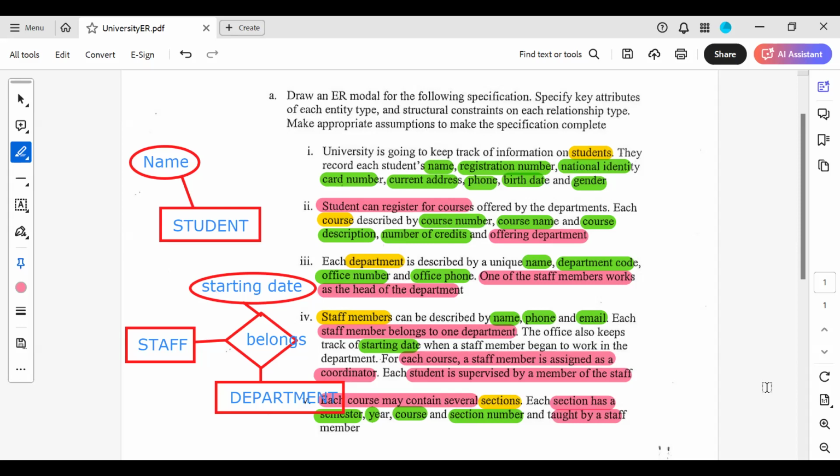Okay, take the staff member. How many departments does he usually belong to? Is it one or more? Usually one, right? Then take a department. How many staff members can you have? Many, right? So it should be one to many. The correct answer for that is one to many.